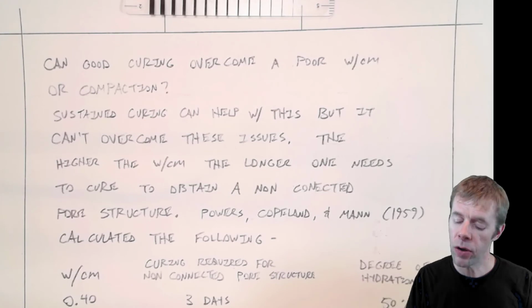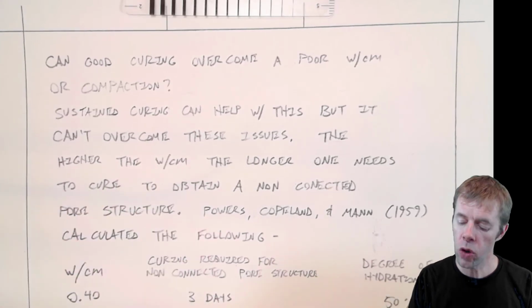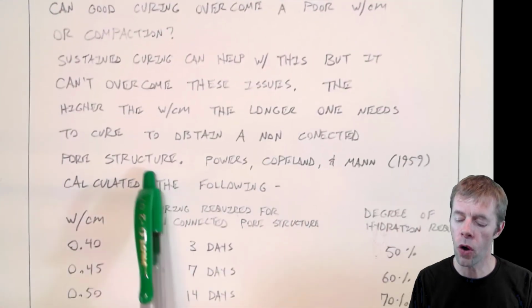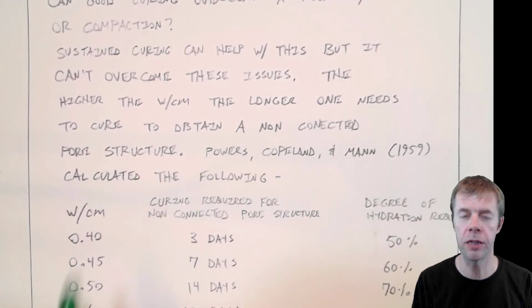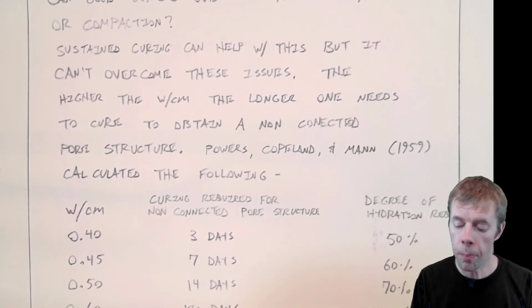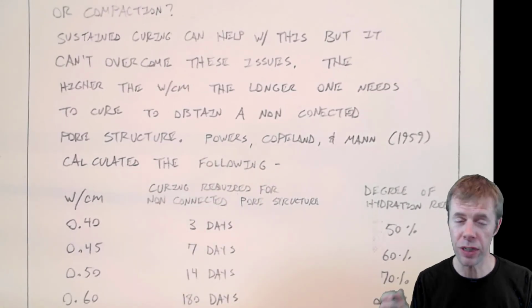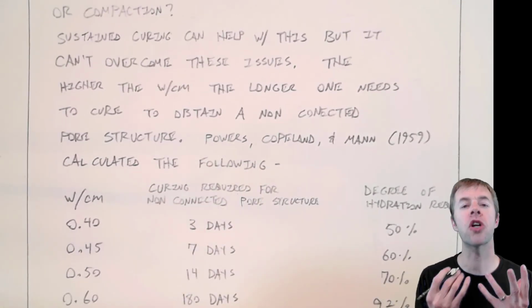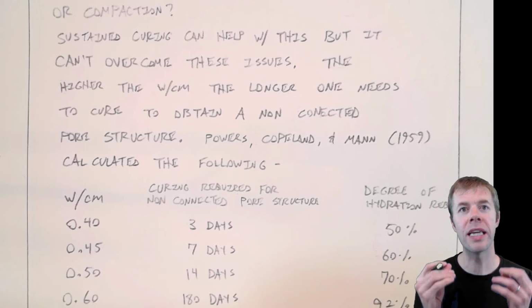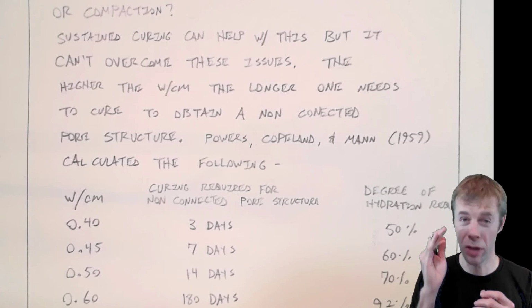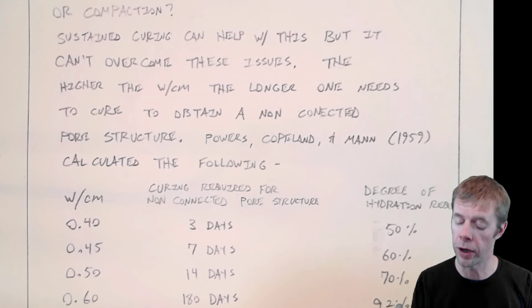But the higher the water cement ratio, the longer one needs to cure our concrete to obtain a non-connected pore structure. So Powers, Copeland, and Mann, brilliant people, actually calculated how much curing you would have to do to get a non-interconnected pore structure. Now, keep in mind, this is the theoretical amount of curing.